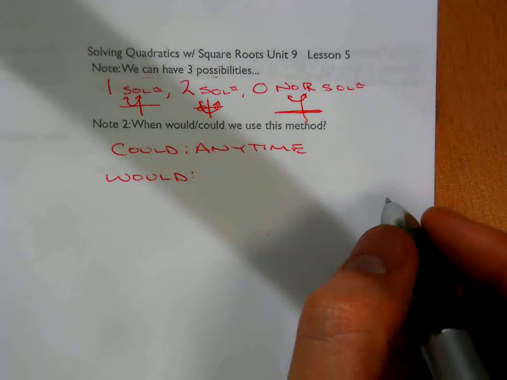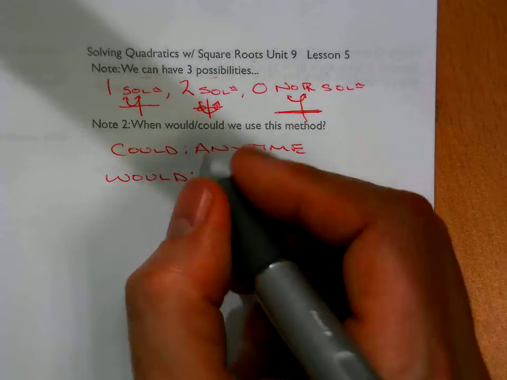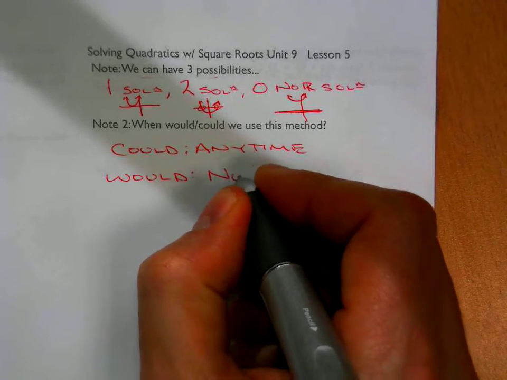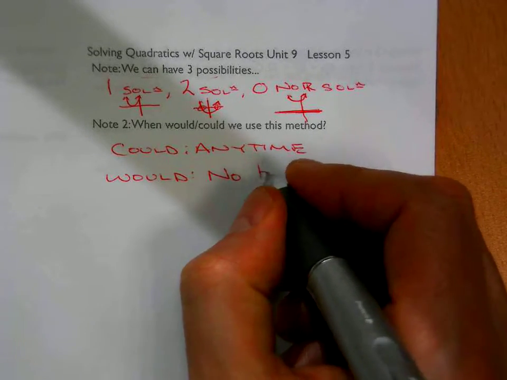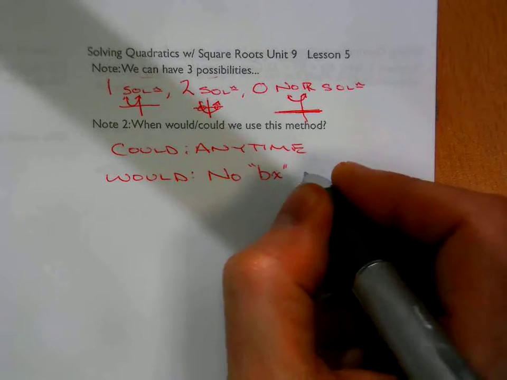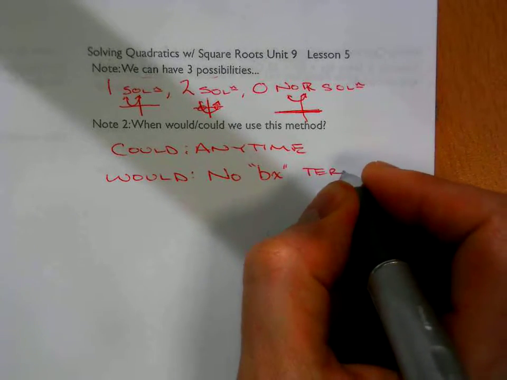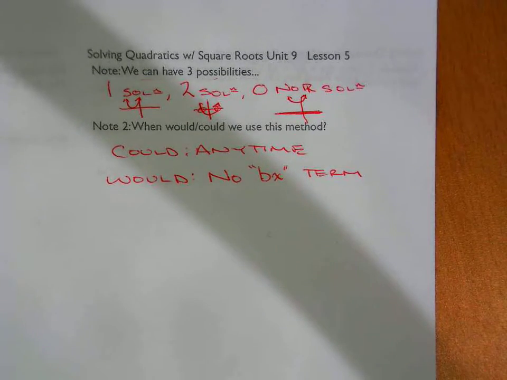There's only a select time when I would choose to use this method, and that's when I had no bx term there in the middle. I would only choose to do this for monomials or binomials. If that bx term is in the middle, that really kind of messes things up. So yeah, we're going to be solving quadratic equations today, but it's only going to be when there's no bx term in the middle.